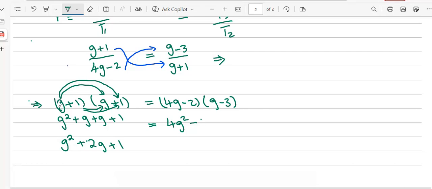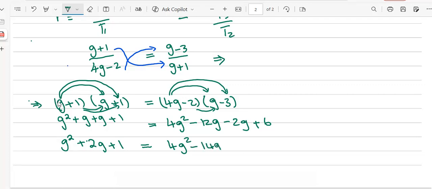Then minus 2 times g will give us minus 2g, minus 2 times negative 3 will give us positive 6. If you add the like terms, you're going to equate this to 4g squared minus 14g plus 6.